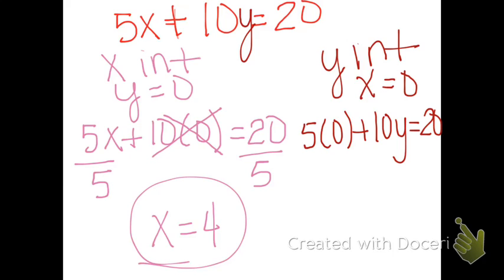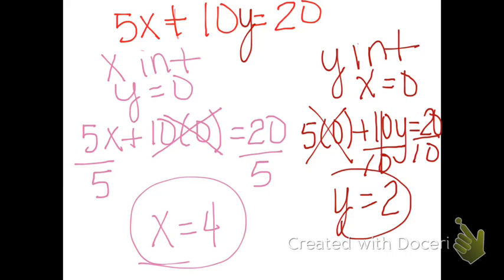The same thing will happen. The x terms will cancel because 5 times 0 is just 0, and we'll be left with 10y equals 20. A one-step equation that's easy to solve. So we'll have y equals 2.